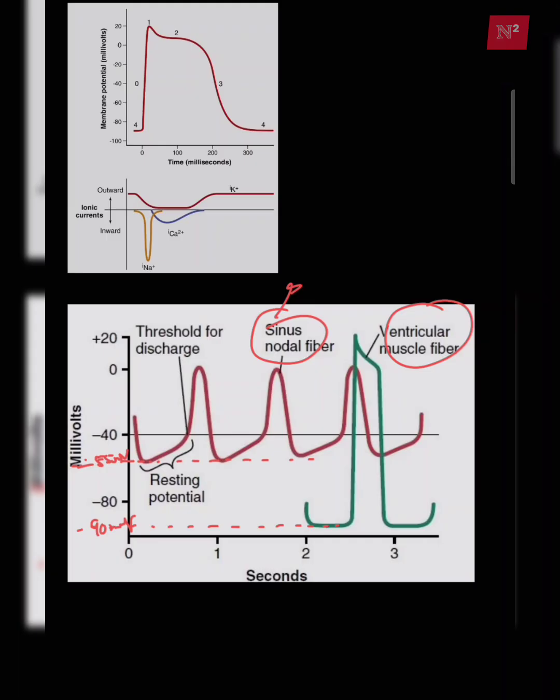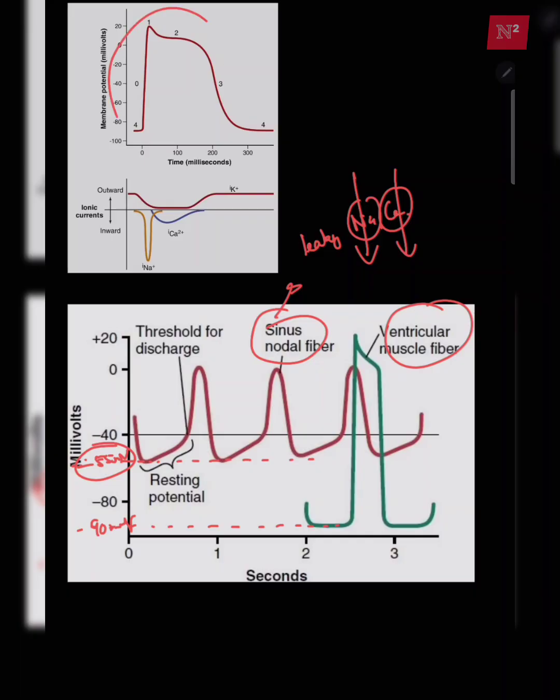The cells have some leaky sodium and calcium channels, which open up and transport ions from outside to inside. So at the beginning itself, you will get this lesser resting membrane potential, which is -55.